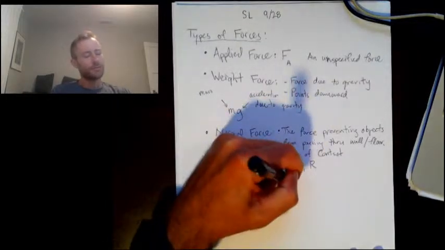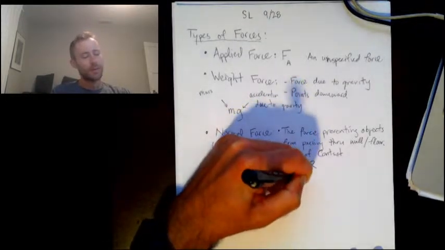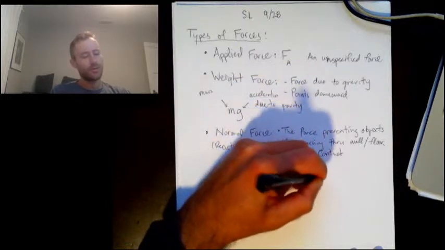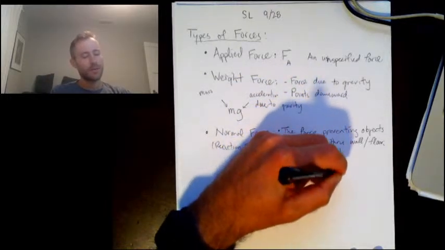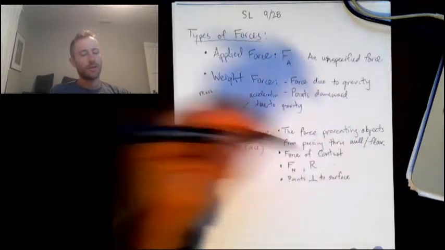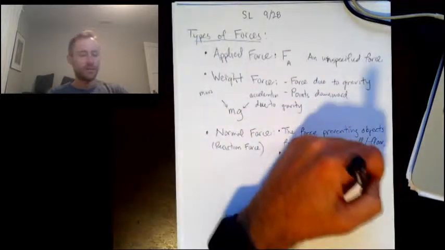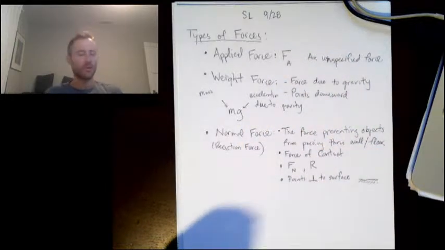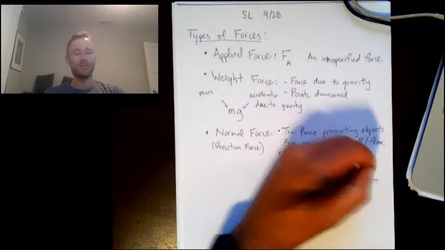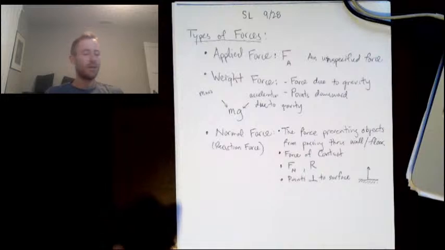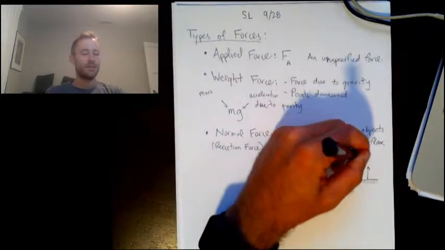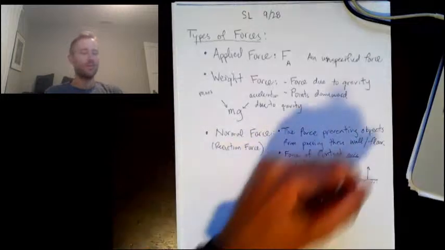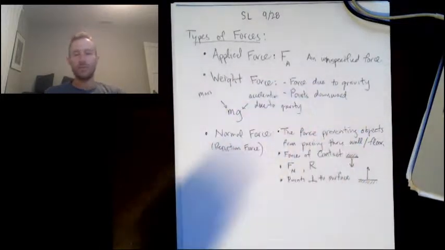It points perpendicular to the surface. Okay? So if you had a floor like this, then the normal force that the floor exerts is going to be away from the surface. If you had a ceiling, the normal force that a ceiling exerts is going to be away from the ceiling.